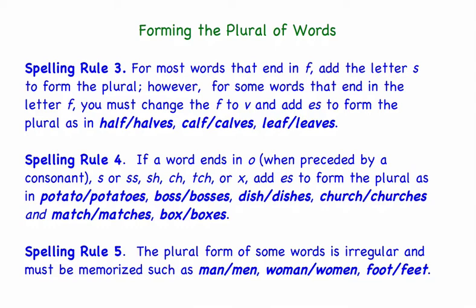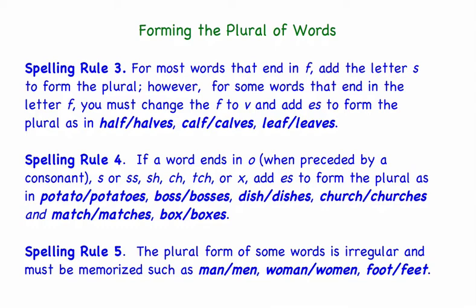That's spelling rule 3. Spelling rule 4 says that if a word ends in O when preceded by a consonant, S, SS, SH, CH, TCH, or X, then you add ES to form the plural. And here are the examples.